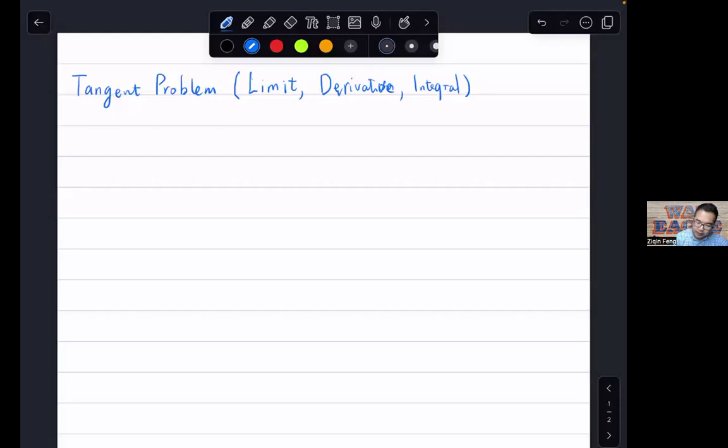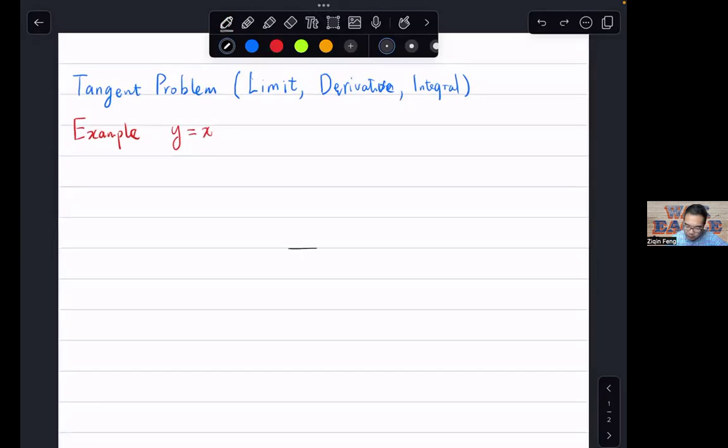Instead of using a general function, we use a fixed function here. Let's use one of our elementary functions, y equal to x squared. You can sketch the graph of such a function.